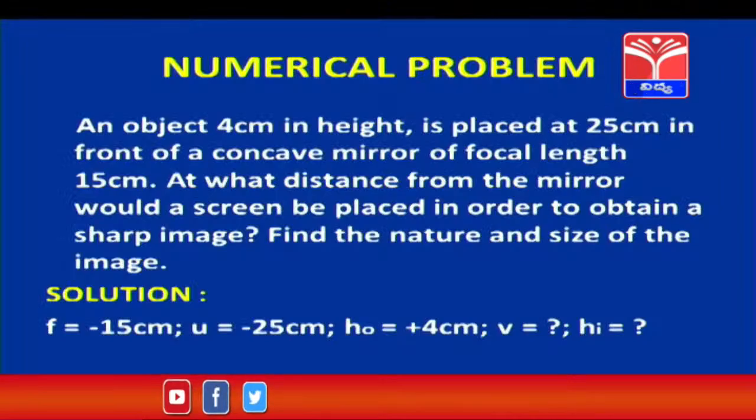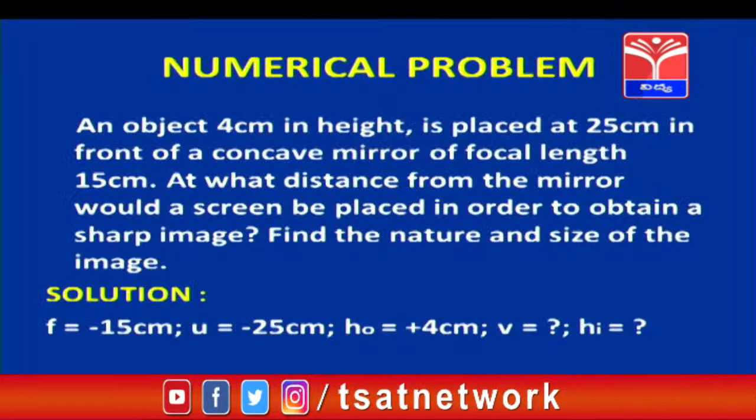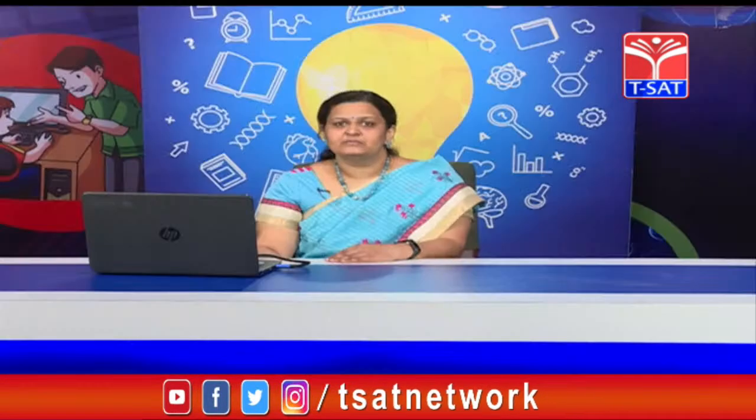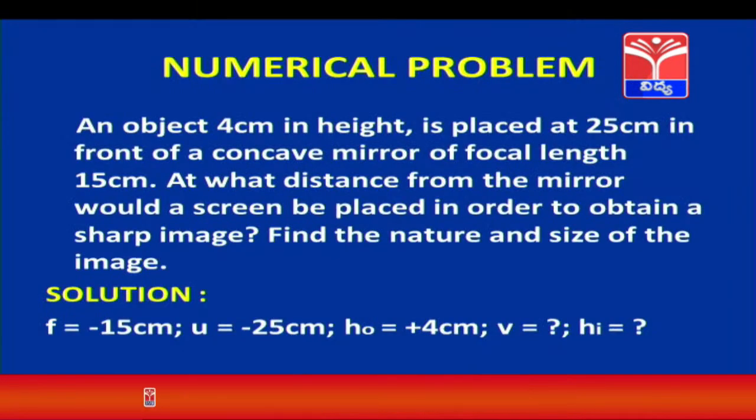So, children, after learning the formula for magnification, let us look at a simple problem to solve using the magnification formula. In this problem, the object height is given as 4 centimeters. An object of 4 centimeters in height is placed at 25 centimeters in front of a concave mirror of focal length 15 centimeters.